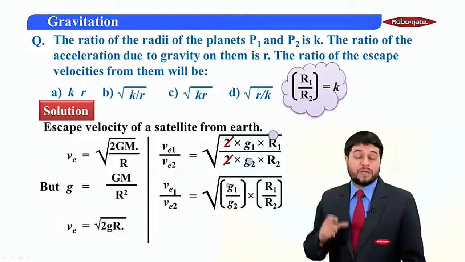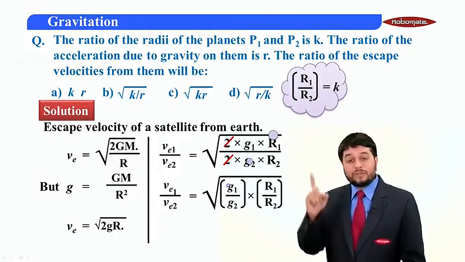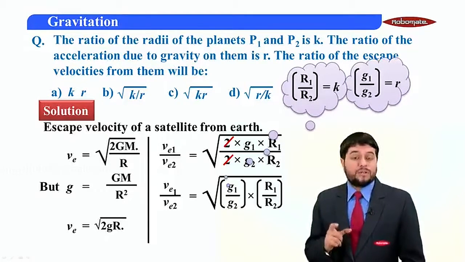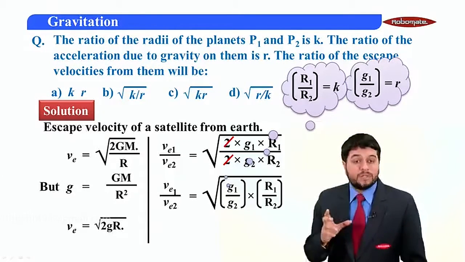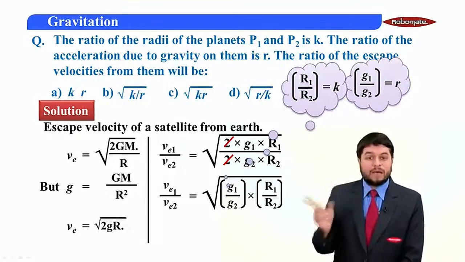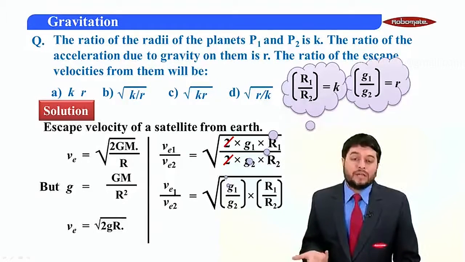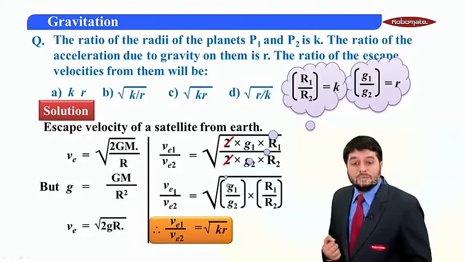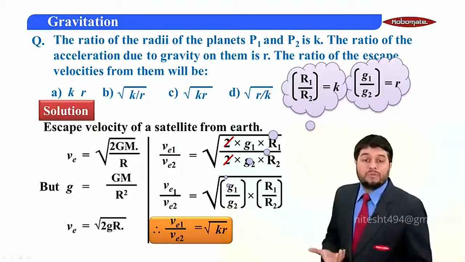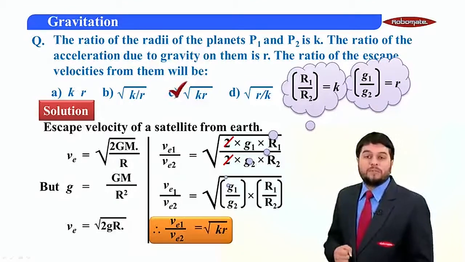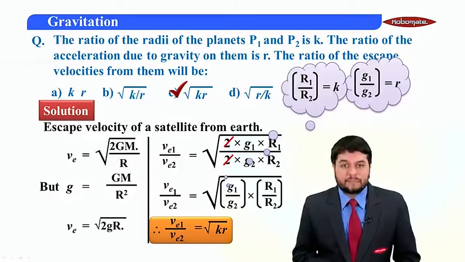Now, you remember r1 upon r2, that ratio is given in the question as K. And you also remember the ratio of the acceleration due to gravity, g1 upon g2, is given as small r. So substitute this K and r in the expression, you will get your answer. So it becomes VE1 upon VE2 is equal to root of K into r. And as per that, your answer will be option number C. Clear?